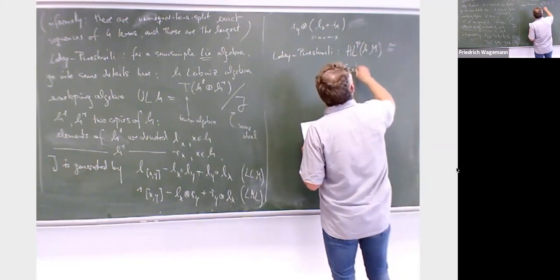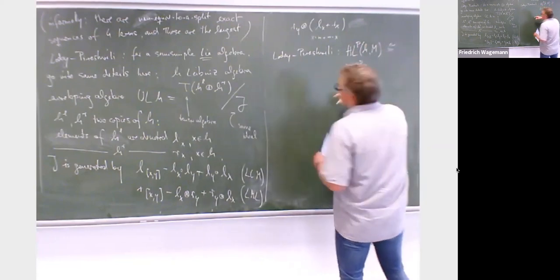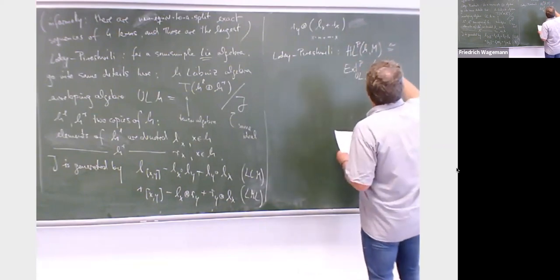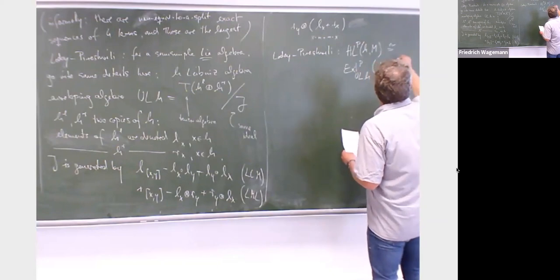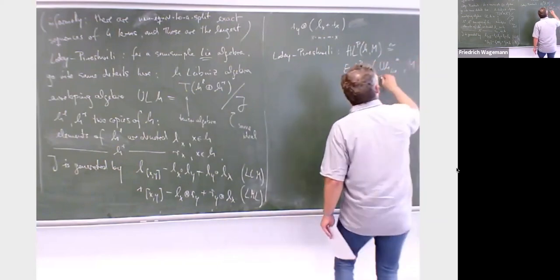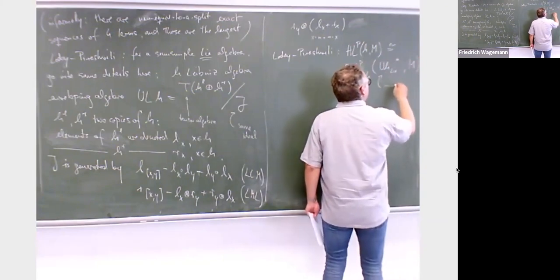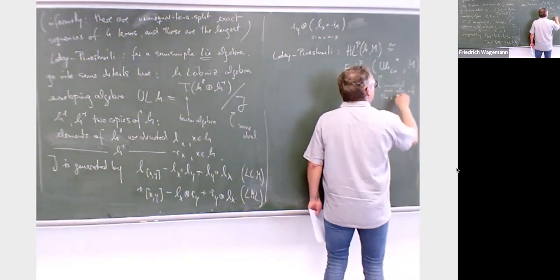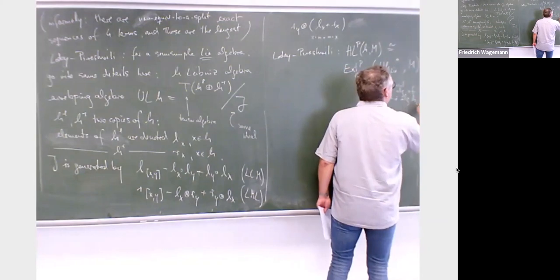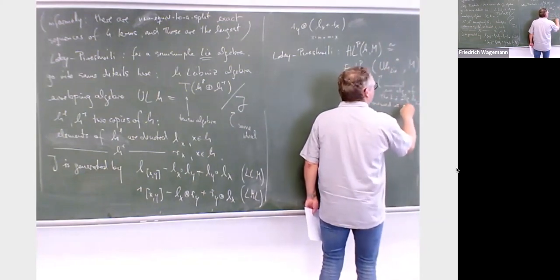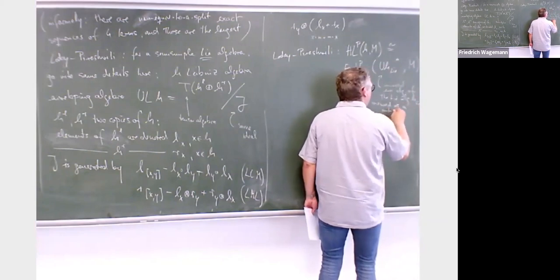It is Ext over the algebra UL of H with values in M. And this is the usual universal enveloping algebra of the Lie algebra H, viewed as an anti-symmetric.